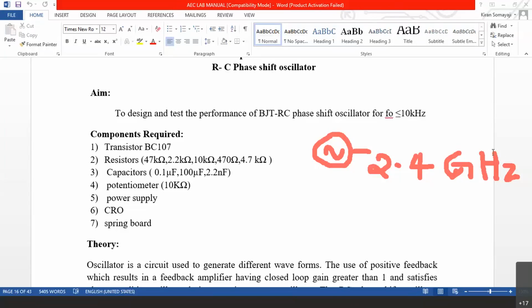Fine. Sachin has given the answer: due to the noise distortion at the input. Actually, the oscillator will not have any input at all, but there is noise there. We are using an active device inside an amplifier. Now, as soon as you switch on, the circuit will take its own time to stabilize.